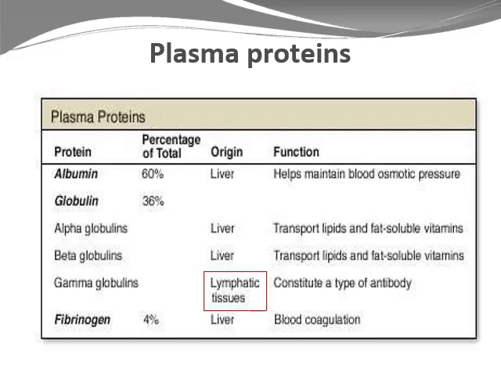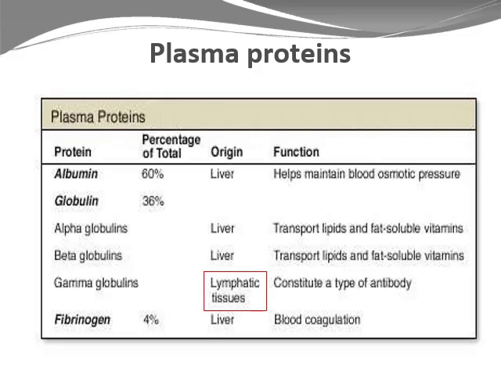Now, these are the main plasma proteins that we find in the body. We have albumin that makes up 60% of the total proteins of the plasma. They originate from the liver. They help to maintain blood osmotic pressure. We have globulin that makes up around 36%. That comes under some subtypes: alpha globulins, beta globulins, and gamma globulins.